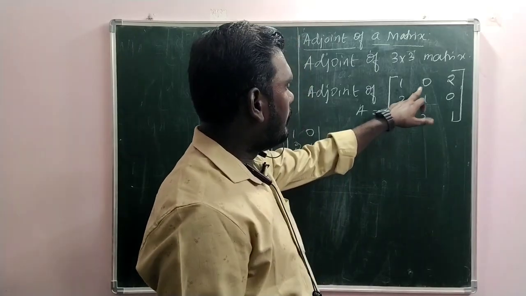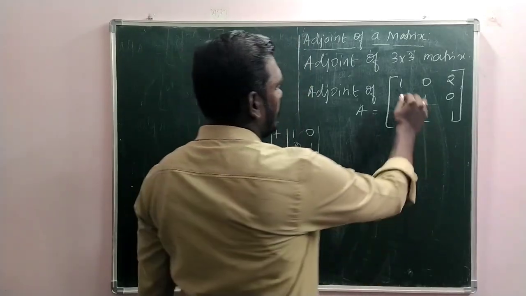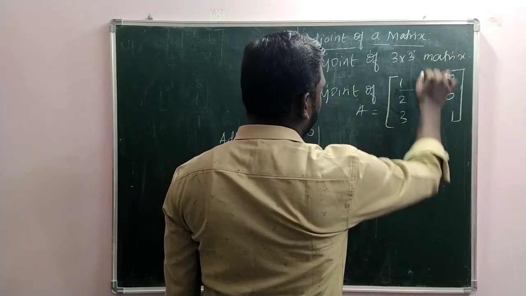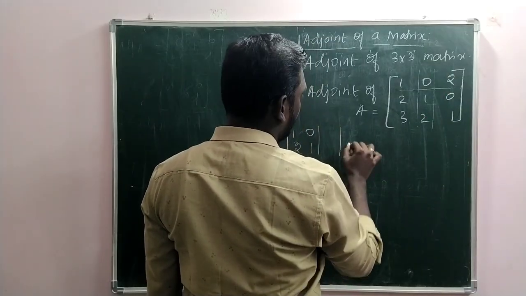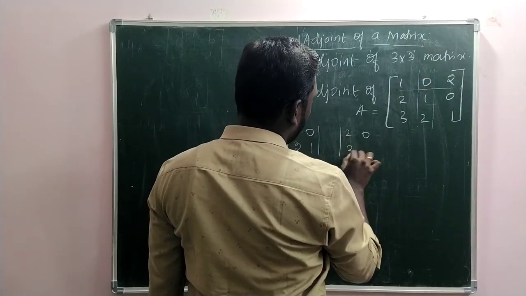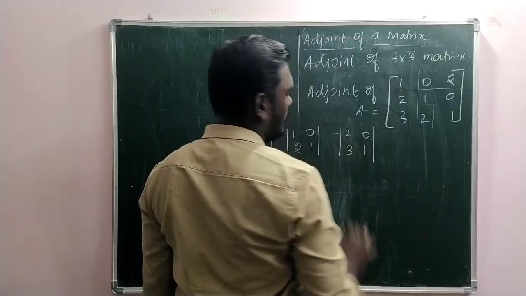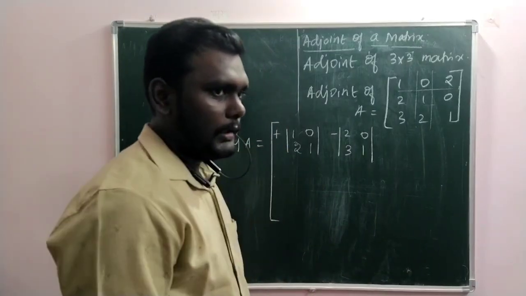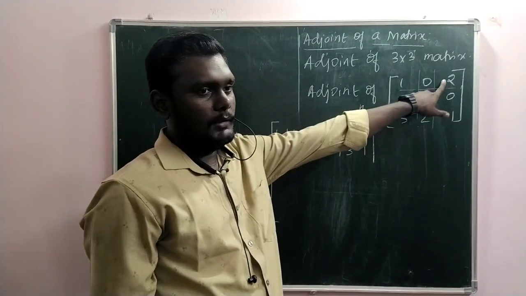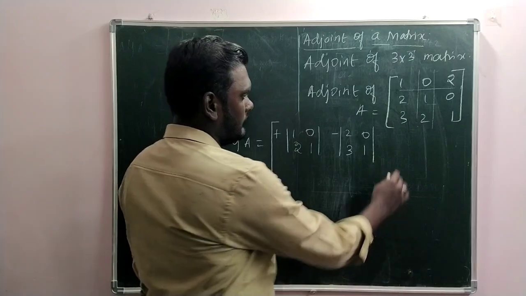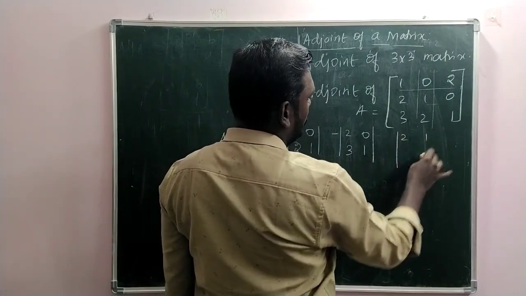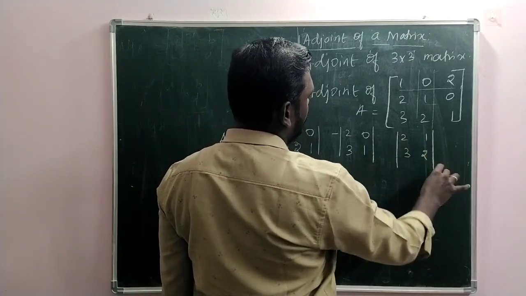And for the second element, leaving this row and this column, we'll put 2 0 3 1 with the negative sign. And for this element, leaving that row and that column, this 2 1 3 2.